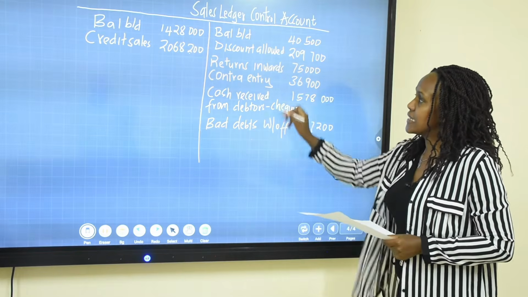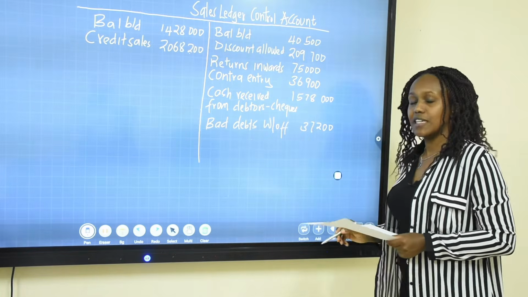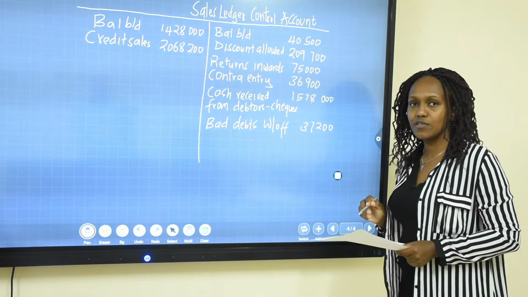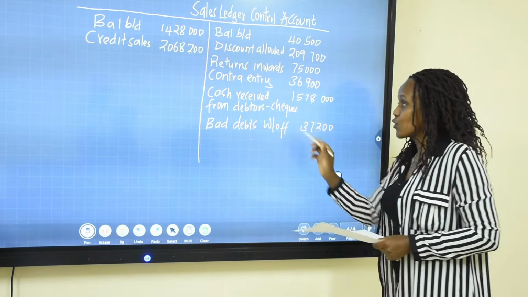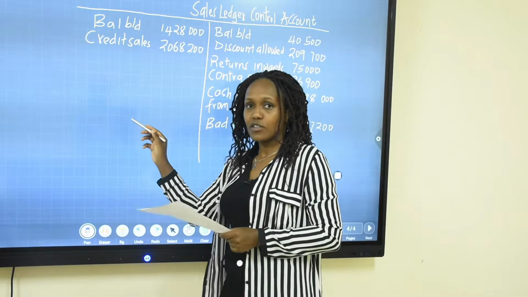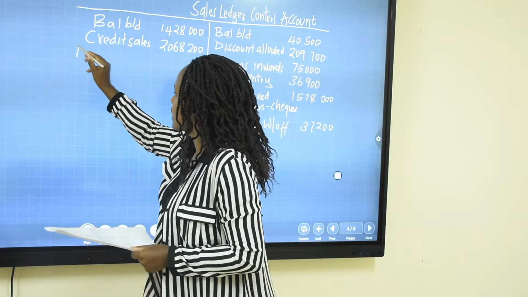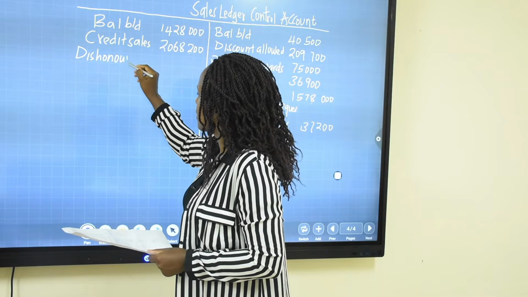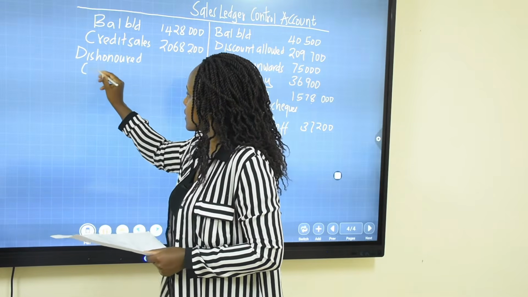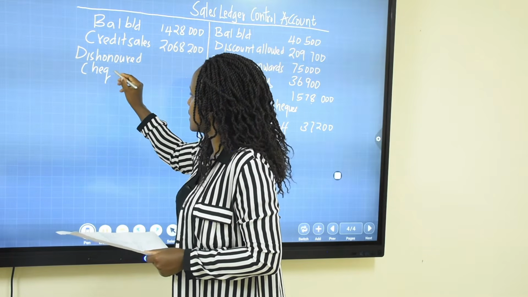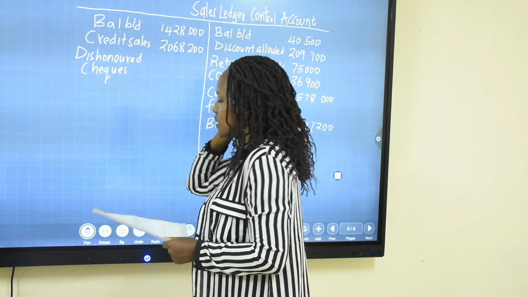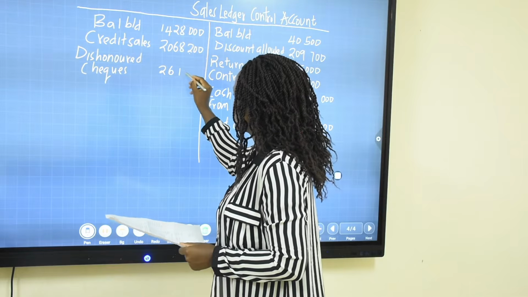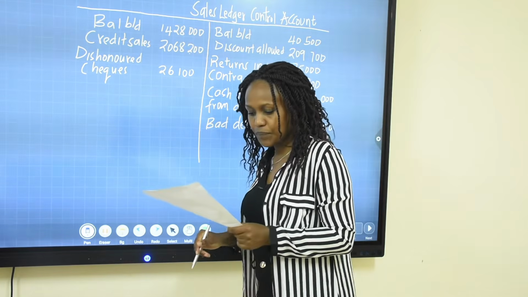Now, out of the entries here, we have seen that some of the checks that were received have been dishonored. So we have to write them back. So here we are going to write back dishonored checks. We had received them and credited the account. Now they have been dishonored, so we have to write them back, an amount totaling 26,100.